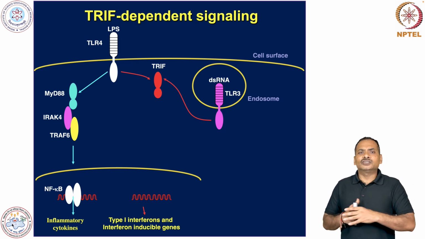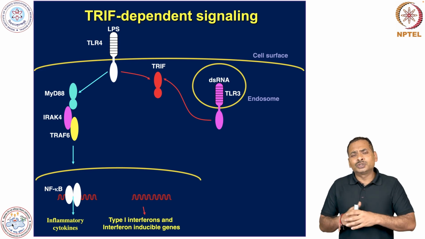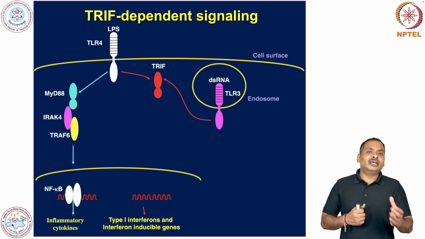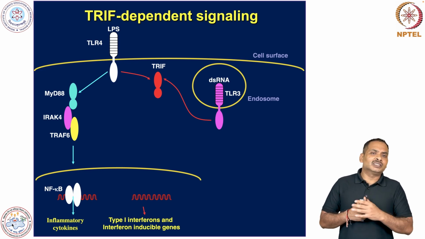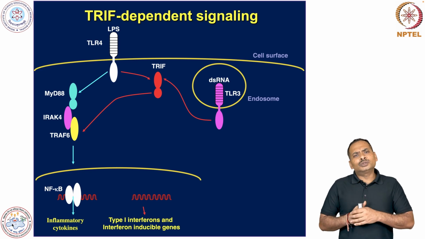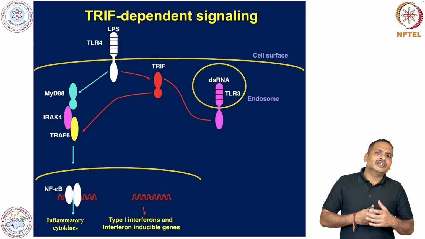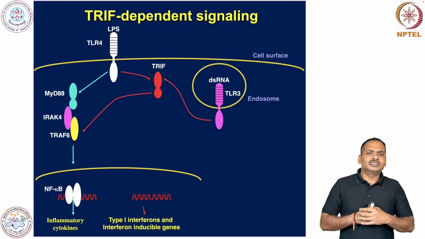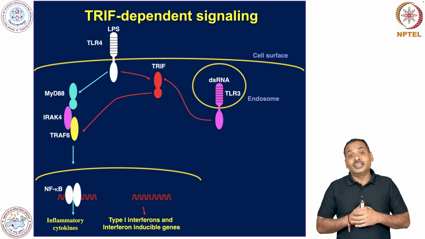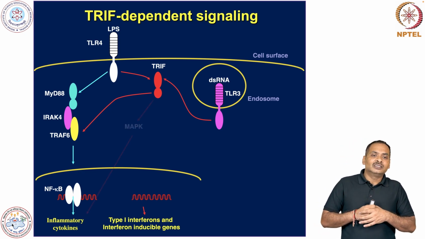Of course, in the case of TLR4, this also recruits another molecule known as TRAM, and TRAM and TRIF are used by TLR4. And this TRIF can also activate IRAK and TRAF6 in order to induce the synthesis of pro-inflammatory cytokines via activation of NF-kappa B, as I have explained in the previous slide.